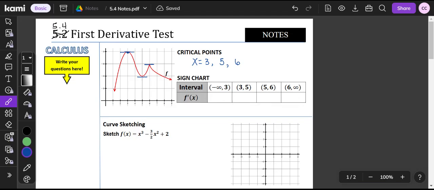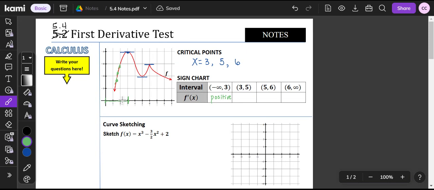Okay, so in this first interval, from negative infinity all the way up to 3, if I look at my function and take different points on it and think through what the derivative is at every point along that interval, well, the derivative is positive. Okay, I have a positive slope.